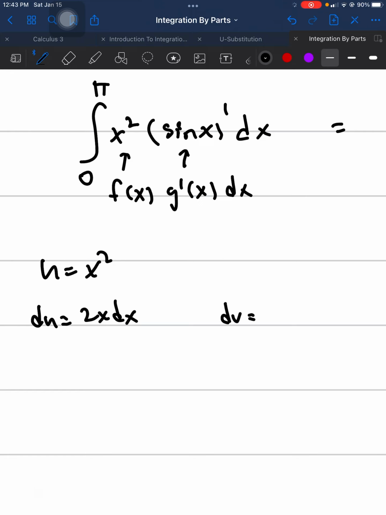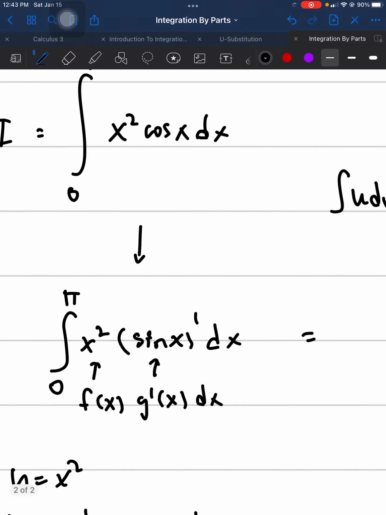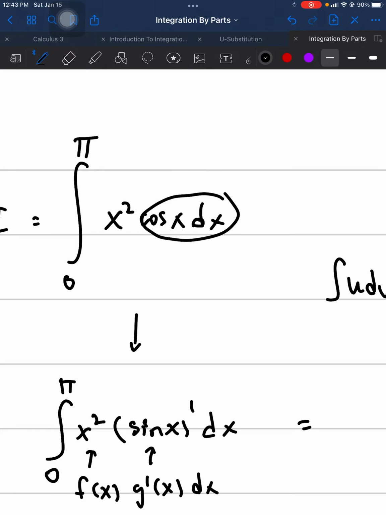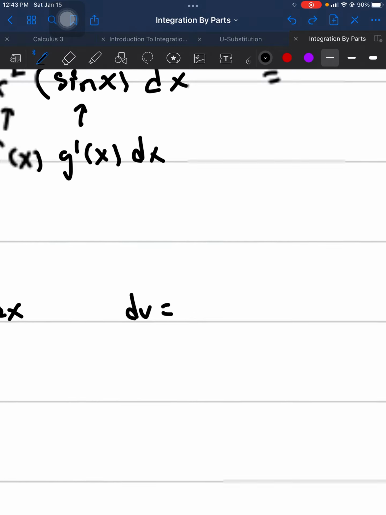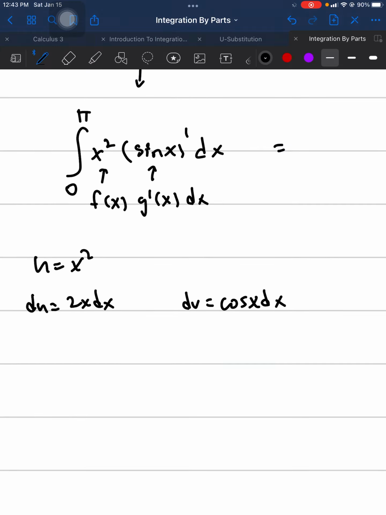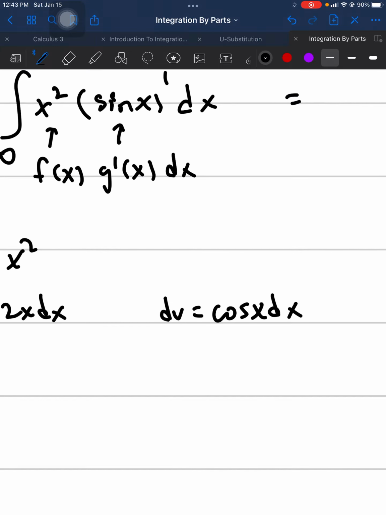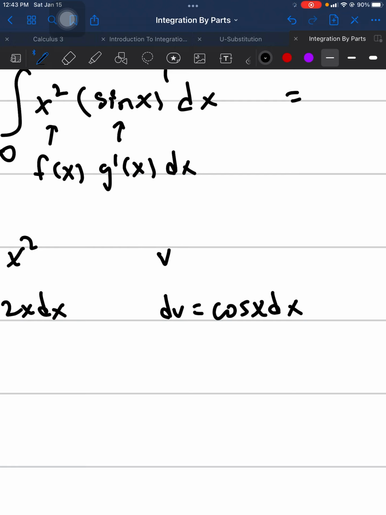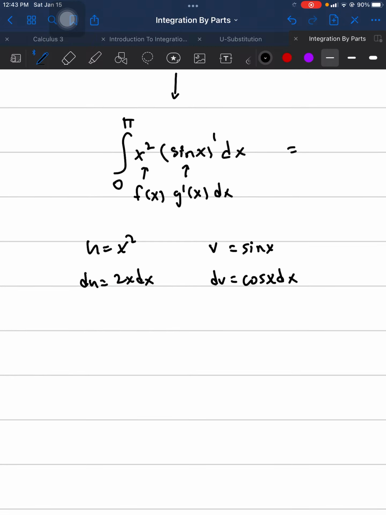Then dv was basically this right here, cosine x dx. So dv is equal to cosine x dx. If you integrate cosine x, we just get sine x, that's what we determined here. So v is equal to sine x.